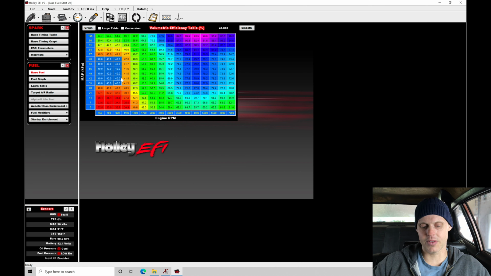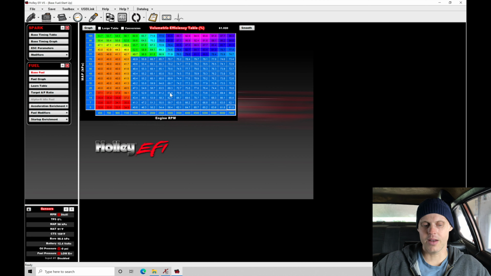So essentially everything here from 1300 RPM and higher in our table, and from 70 kPa and below, is what we want to focus on calibrating in this tutorial. The table here, we've shrunk down into the small version, or the low resolution version of the table. We can go into the large version and expand this out.